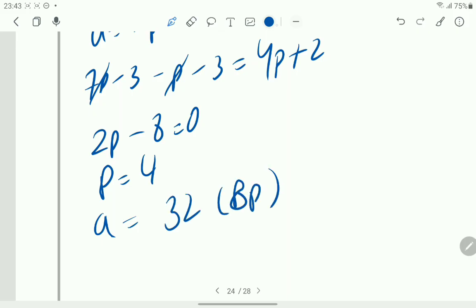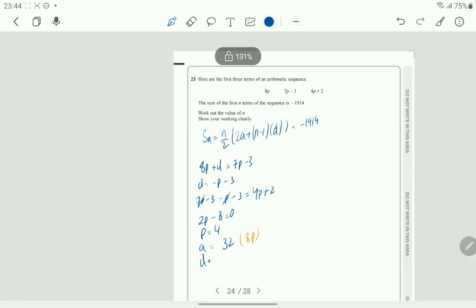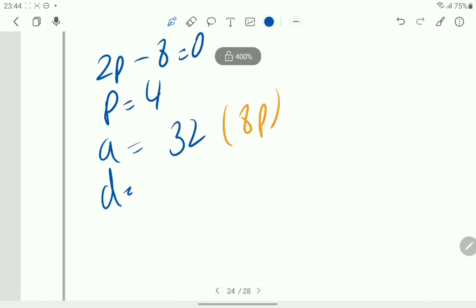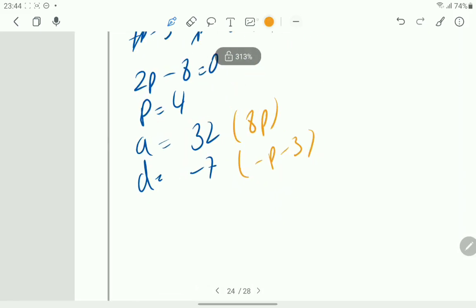Just for your clarification, I will write it in another color: this is AP, and d is minus p minus 3, so d is minus 7. For your clarification, I will write the original expression for d that we found.